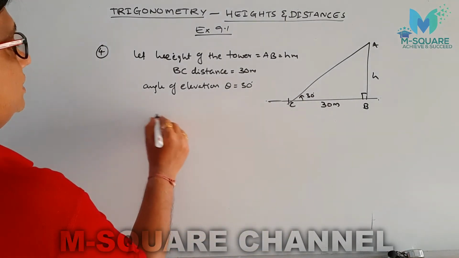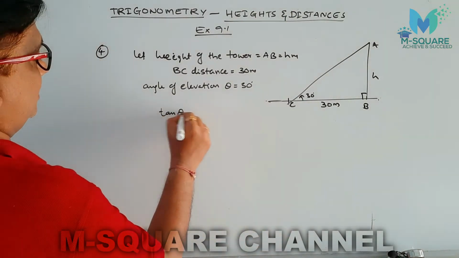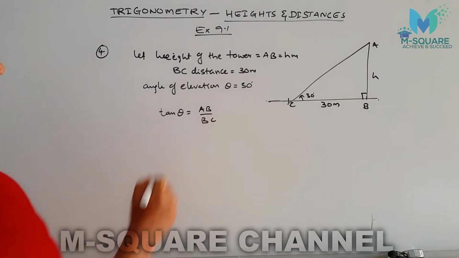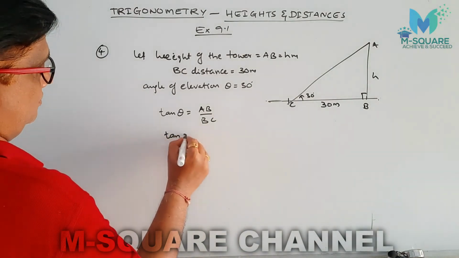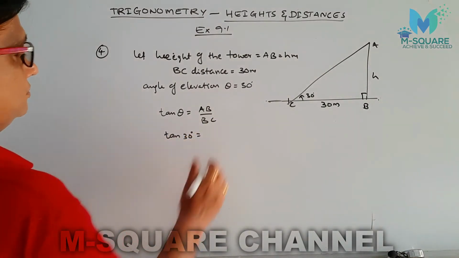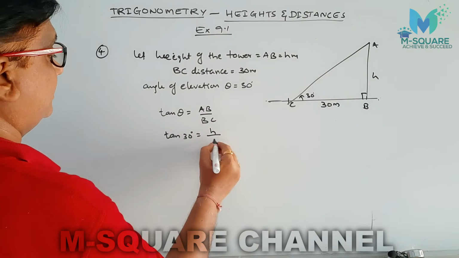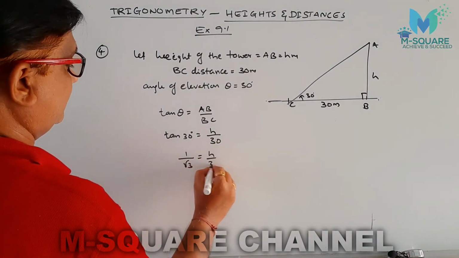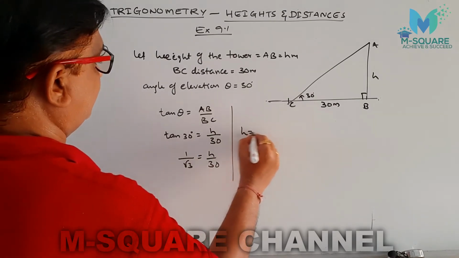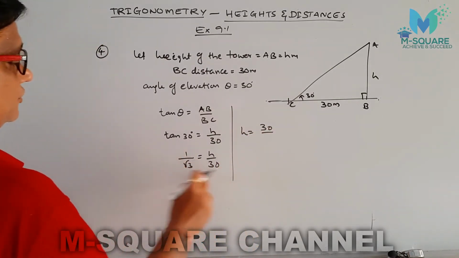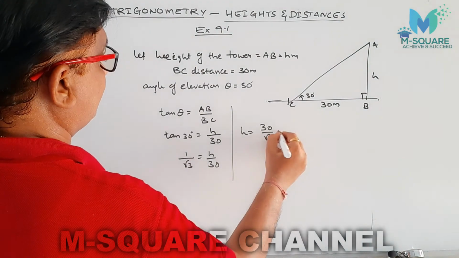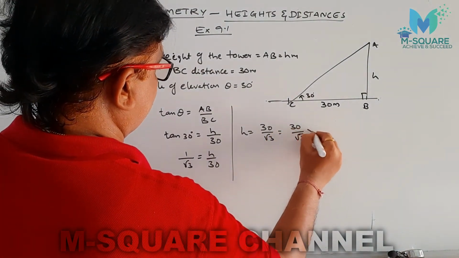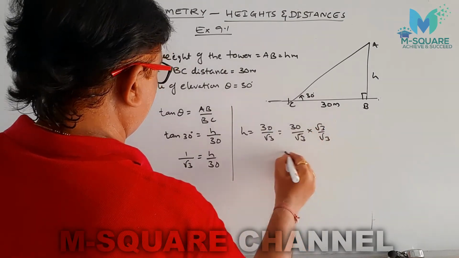Now take tan theta equal to opposite by adjacent, AB by BC. So tan 30 degrees equal to h by 30. 1 by root 3 equal to h by 30. So h equal to 30 by root 3 after transposing. Take the rationalization, root 3 by root 3.